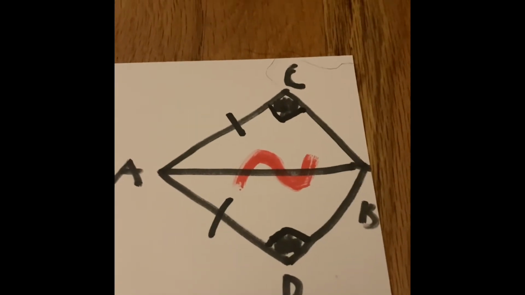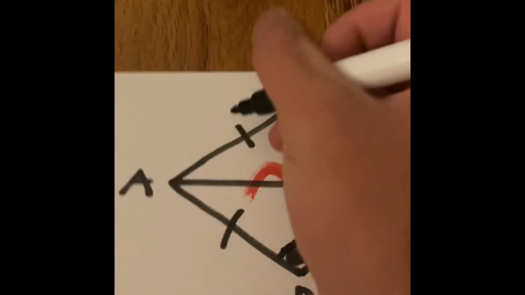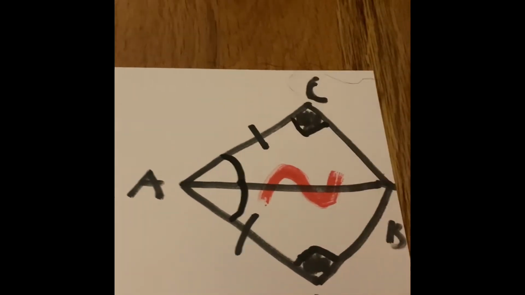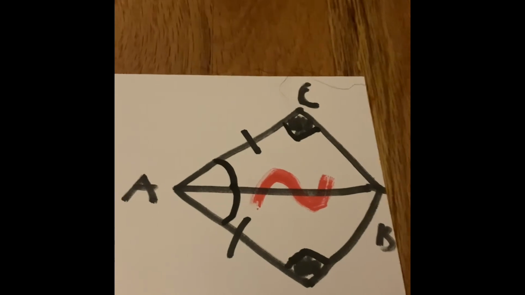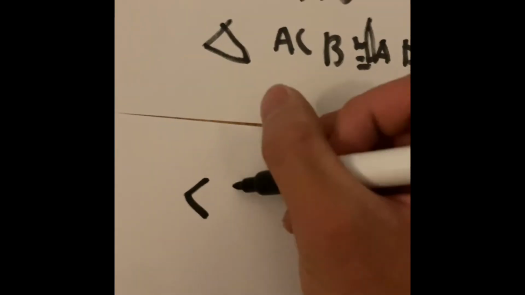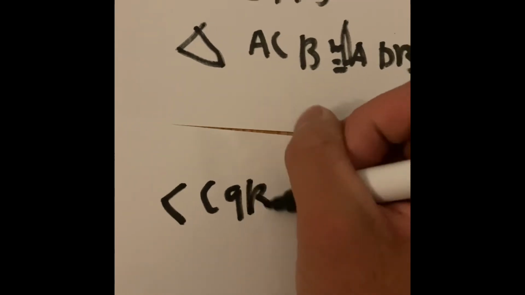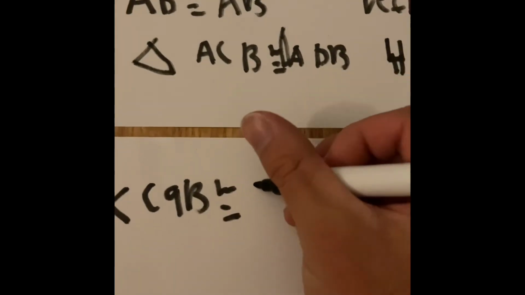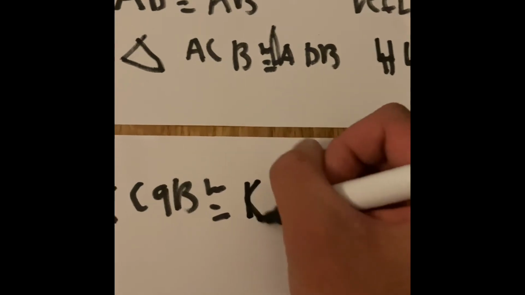If we prove that these two triangles are congruent, then it also means that this angle and that angle have to be congruent. So we can say angle CAB is going to be congruent with angle BAD.